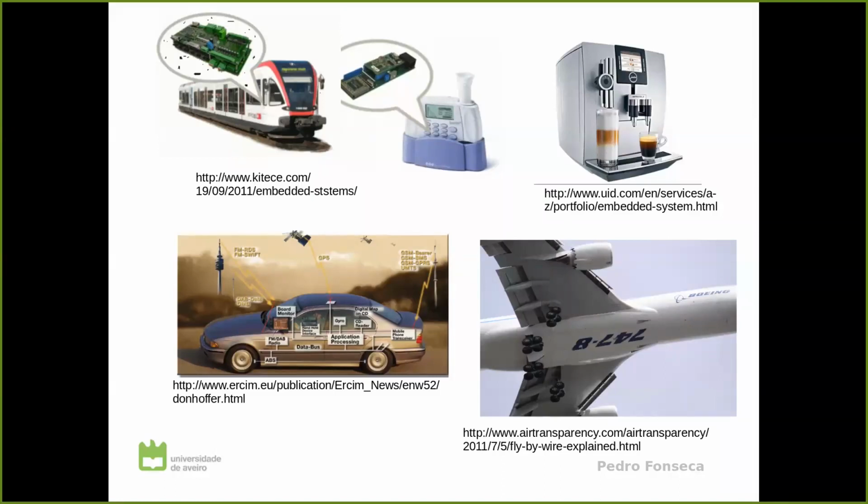And this is an example of the importance of embedded systems. So we see here the notion of embedded. You look at an airplane and you don't see the electronics. You don't notice that all these flaps that we see in the figure, the wing flaps and the landing gears, all that is electronically controlled.